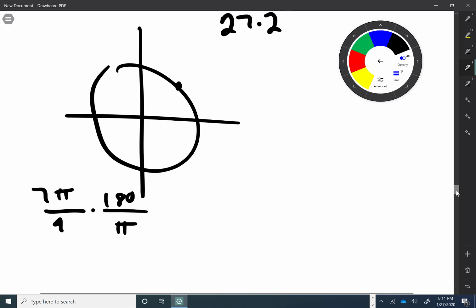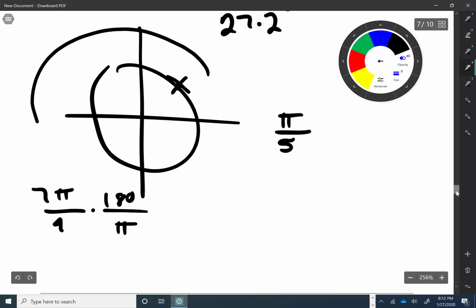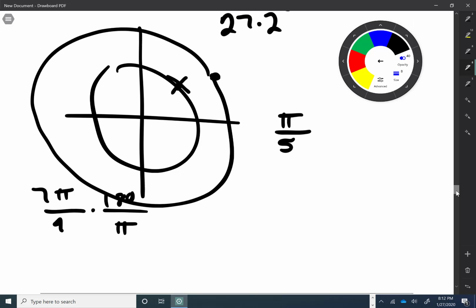Let's see, number 18 wants you to find something that's coterminal to pi over 5. So coterminal means in the exact same spot. So if I'm looking at this spot on the circle and I go around the circle 360 degrees or 2 pi, I'm in the same spot, but I've increased my degrees. So I would be adding 2 pi to this one.